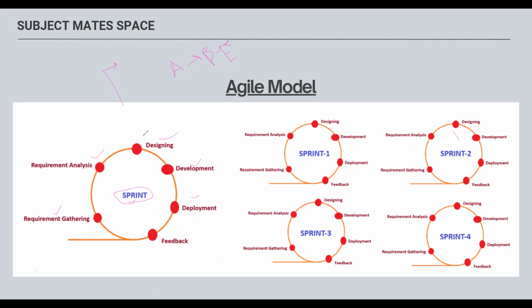So yeah, where were we? So all the team members from requirement gathering team to testing team will sit in one meeting, analyze, and break each feature into each sprint.